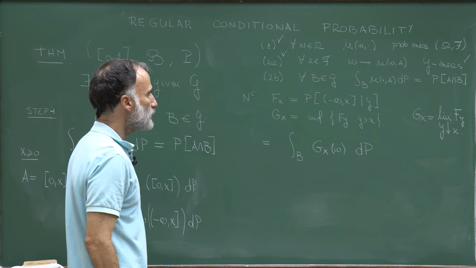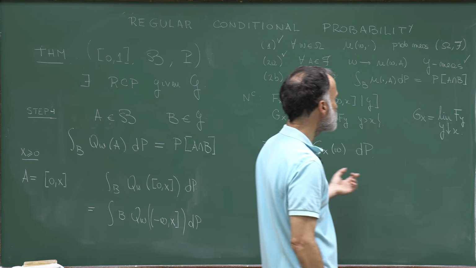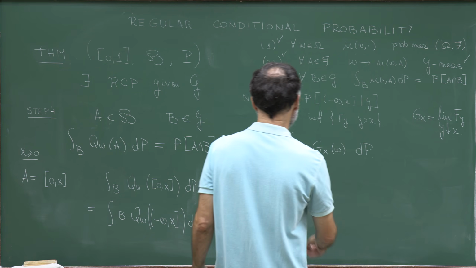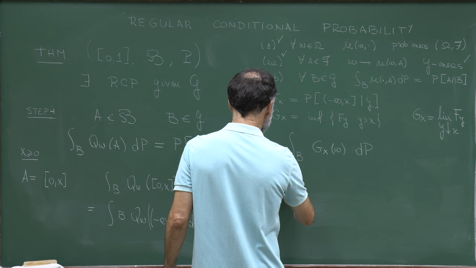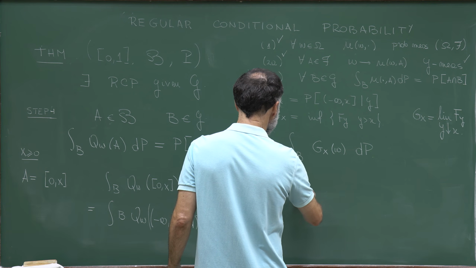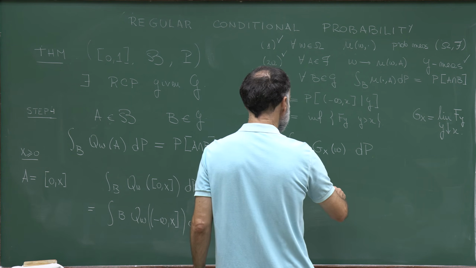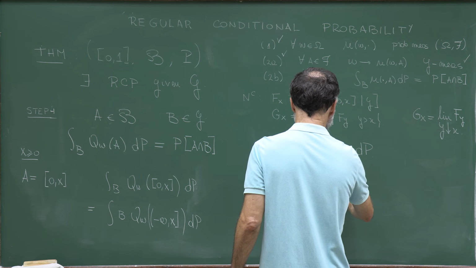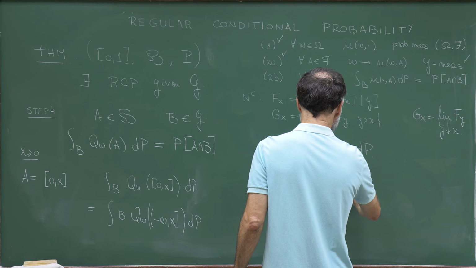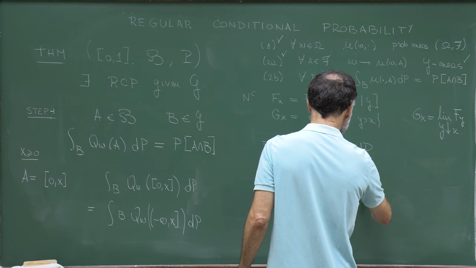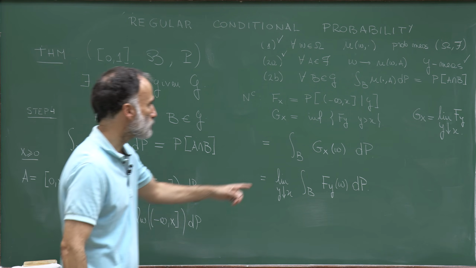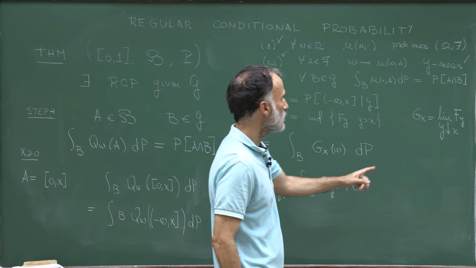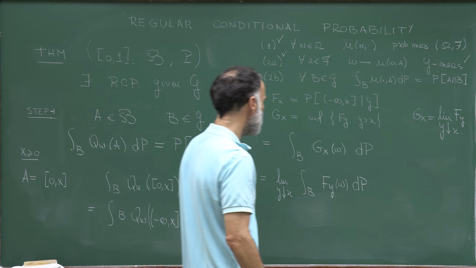So now I can use the dominated convergence theorem, because F is bounded by 1, to say that this is equal to the limit as y decreases to x of the integral over B of F_y(omega) dP. This is by the definition of G_x and from the fact that F is bounded.